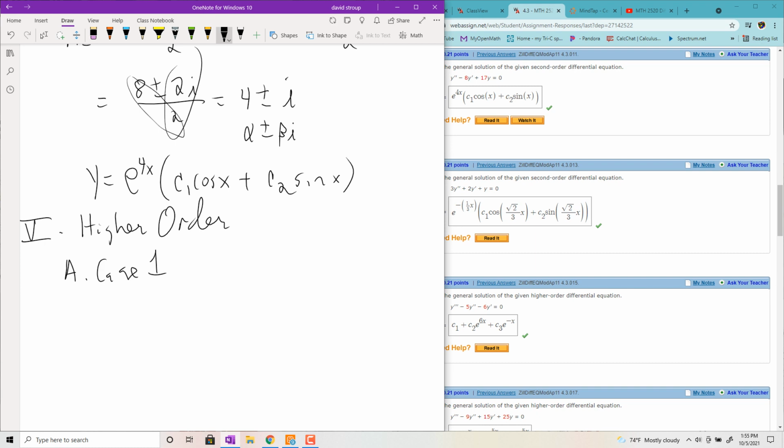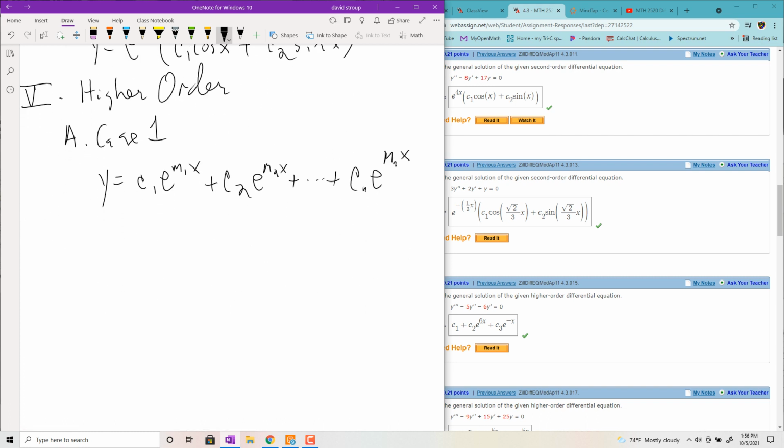So basically you could just end up with a whole bunch of different roots. And in that case, your solution would be like c1 e to the m1 x plus c2 e to the m2 x, etc., plus cn e to the mn x, if you have an nth order linear differential equation where all the roots are different, real different roots.